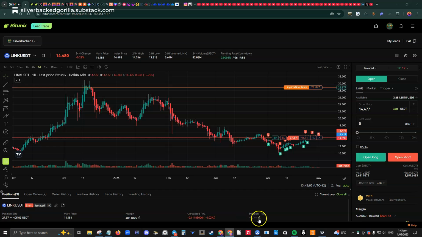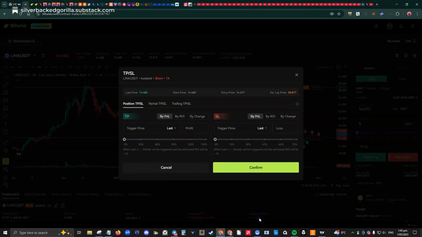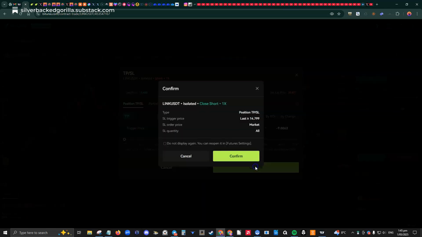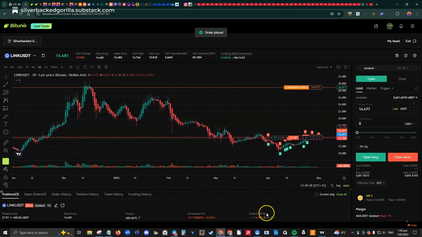Sorry guys, I'll try and get in the habit of doing that. Just as whole position, partial position, or trailing stop, which automatically trails it and closes it for you. That's the whole position. So what we need to do is go $14.799, $14.80. So we are done.